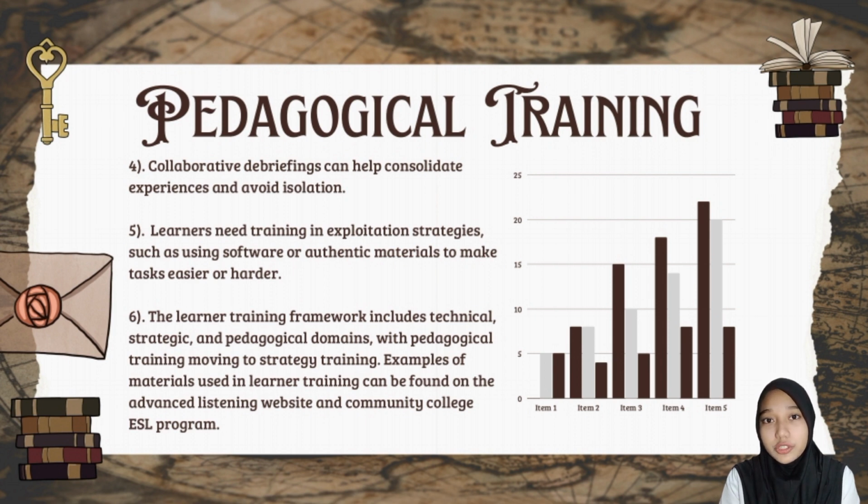Technical training teaches students how to do tasks, strategic training teaches them what and when to do tasks, and pedagogical training teaches them why to do them. Examples of materials used in learner training can be found on the Advanced Listening website and a learner training project conducted by teachers at a community college ESL program.